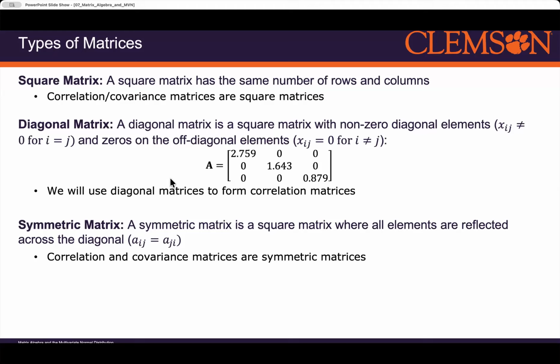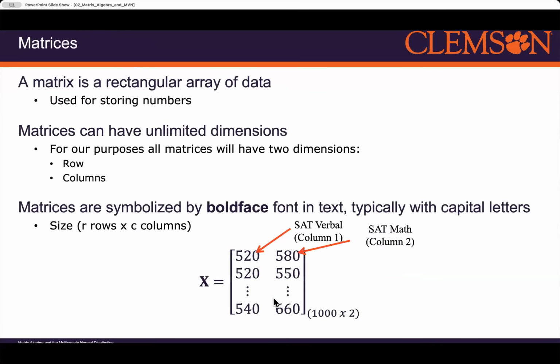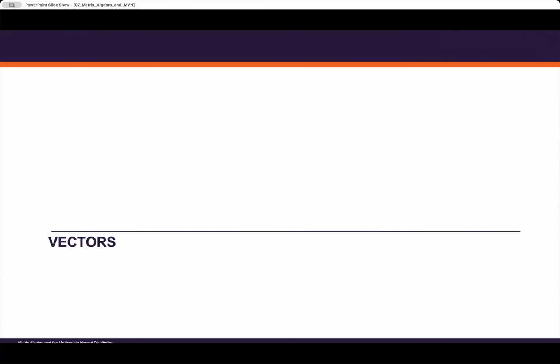A symmetric matrix, then, is also a square matrix, but one where all elements are reflected across the diagonal. So if you remember the correlation matrix, going way back in our slides, this is a square matrix. It's symmetric because the term above the diagonal is repeated below. It's reflected. We want to put that into symbolic thought.